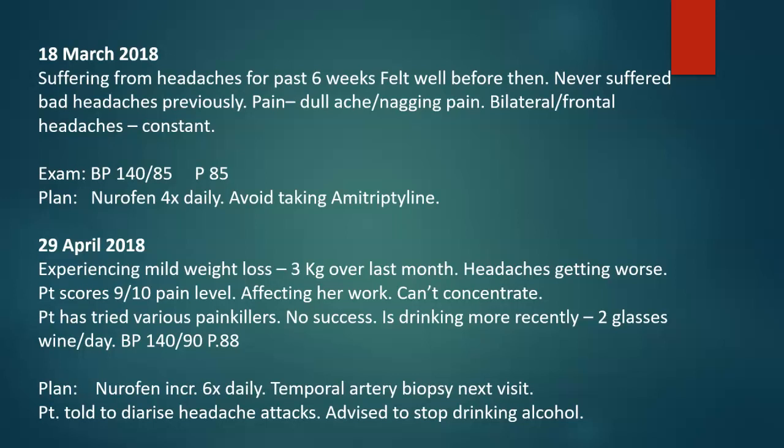Patient scores 9 out of 10 on the pain level. It's affecting her work. She can't concentrate. She's tried various painkillers, no success. Is drinking more, 2 glasses of wine a day. Okay, so now you're going to put the Nurofen up to 6 times a day. Temporal artery biopsy on the next visit is planned. Oh, there's the plan. So the patient is told to diarise headache attacks and advised to stop drinking alcohol.